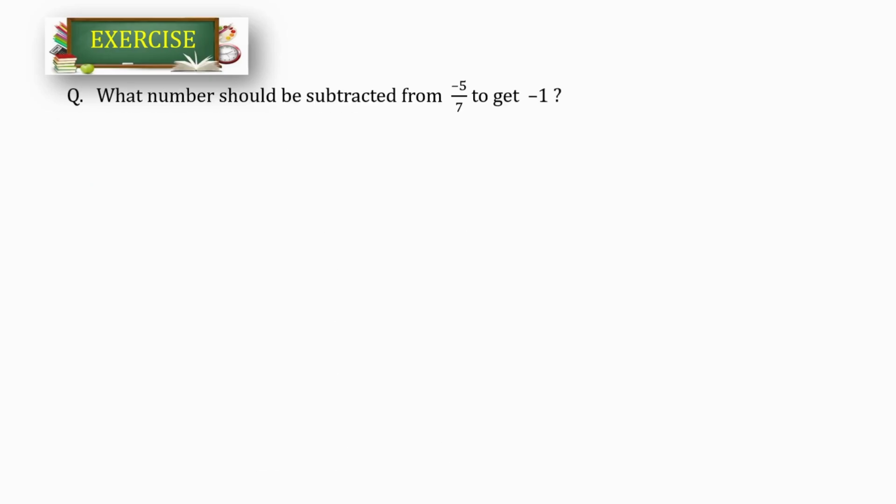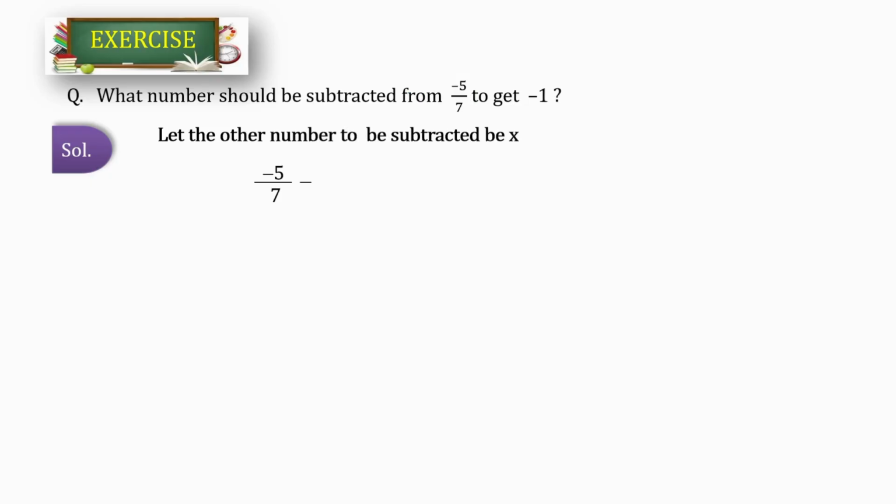What number should be subtracted from minus 5 by 7 to get minus 1? So let's look at the solution. Since it is mentioned the subtraction from minus 5 by 7, we'll write minus 5 by 7 minus, then the number that should be subtracted, we can consider it as x, is equal to, get means that is equal to minus 1.